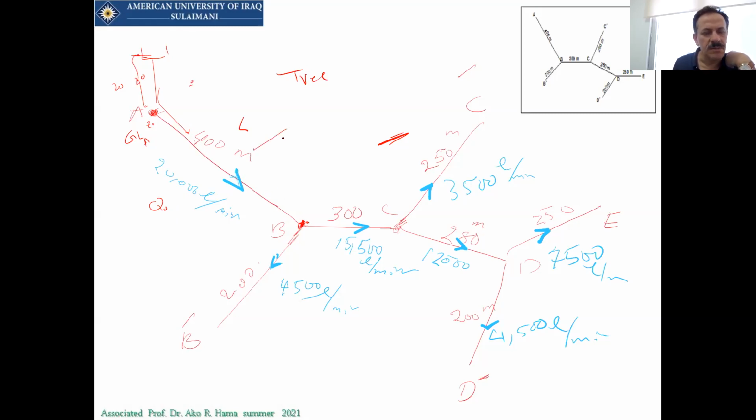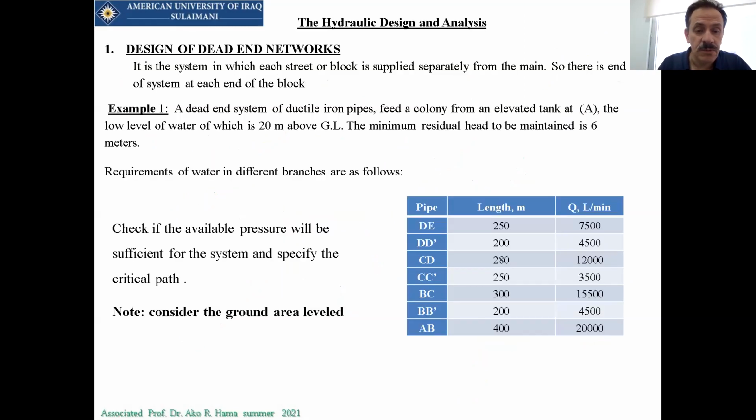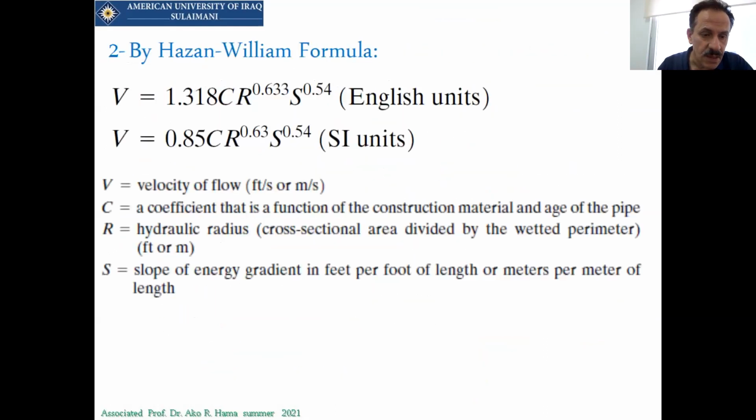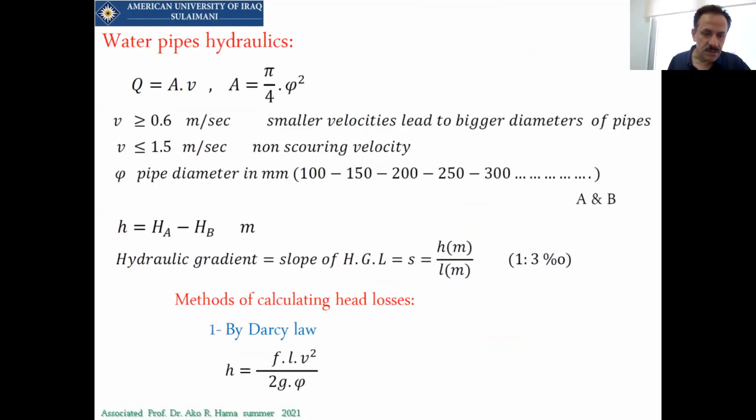This head loss can be found by using either the Hazen-Williams equation or the Darcy-Weisbach equation. And remember that in the previous chapter I said that there is a problem with this number 4. This is the Darcy-Weisbach equation.